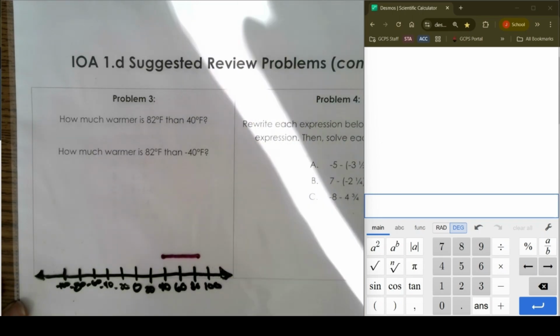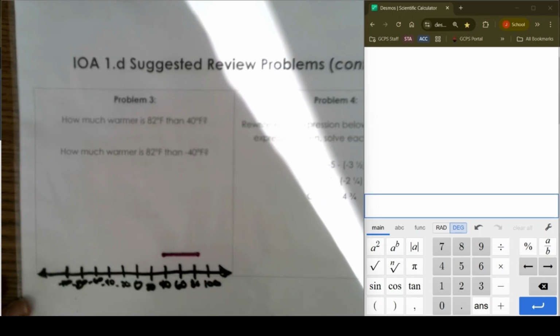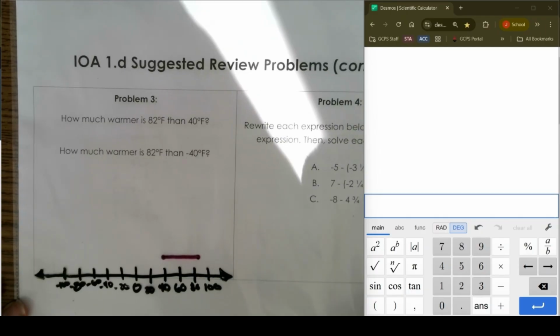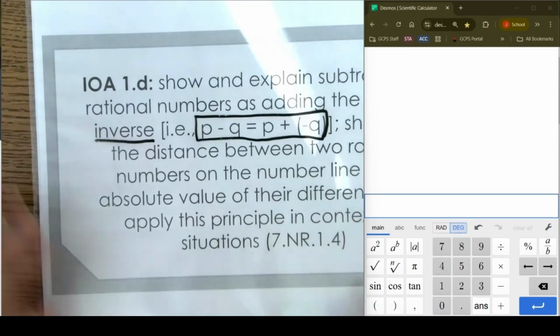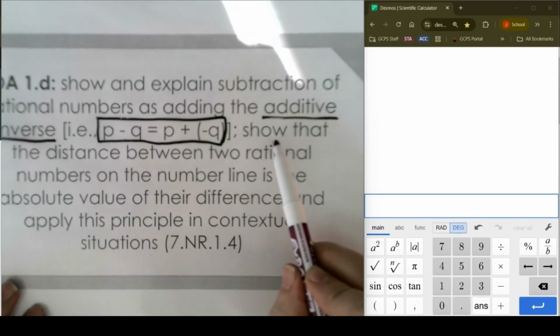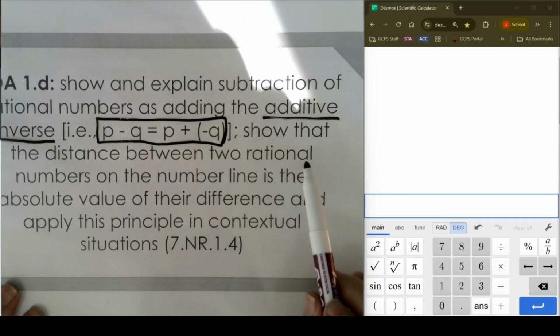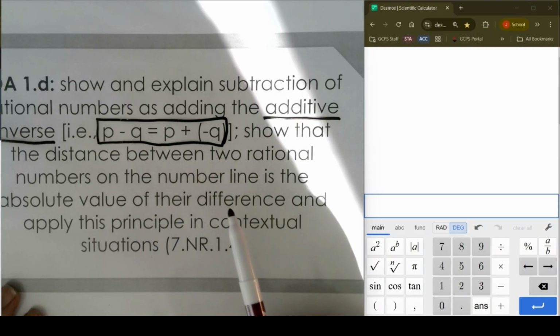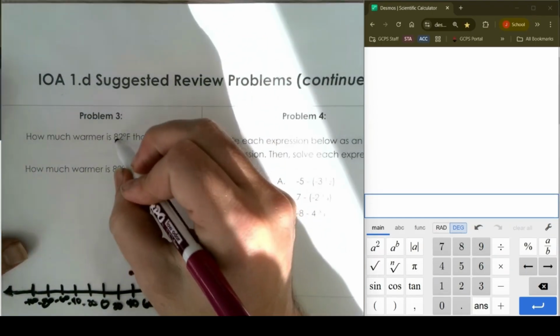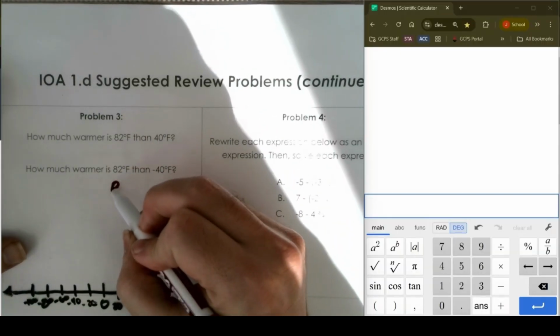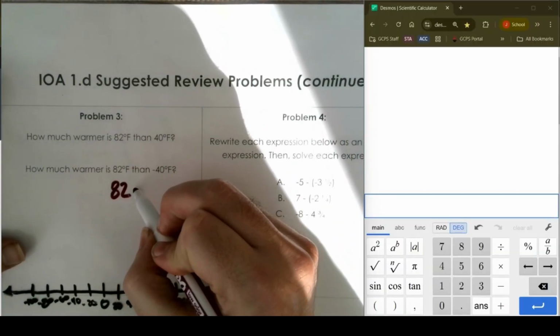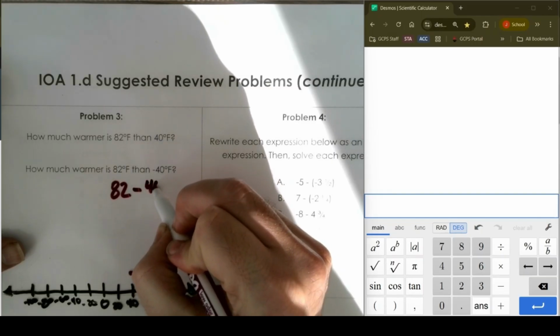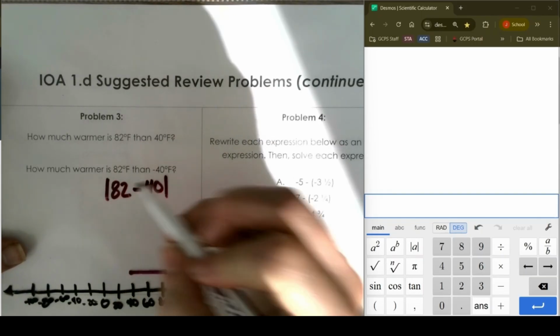In order to calculate that distance, we're going to need to find their difference. Remember, that's what the IOA says, is to show that the distance between two rational numbers on the number line is the absolute value of their difference. So if we look at the difference between these two, we're going to take 82 minus 40 and find the absolute value of that.